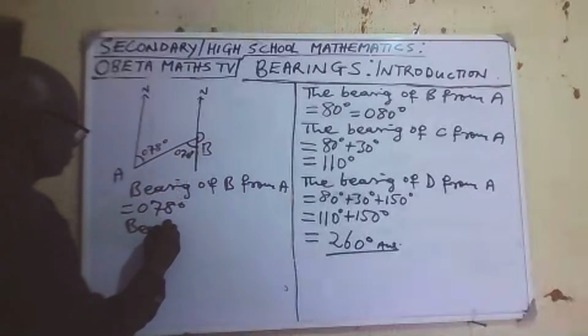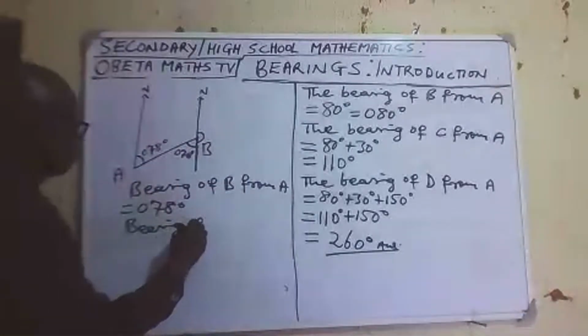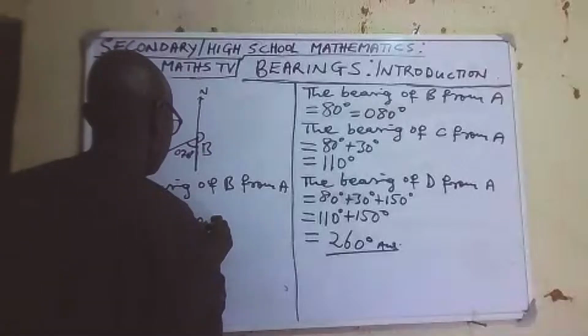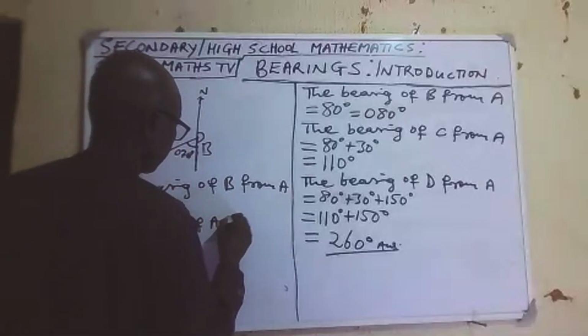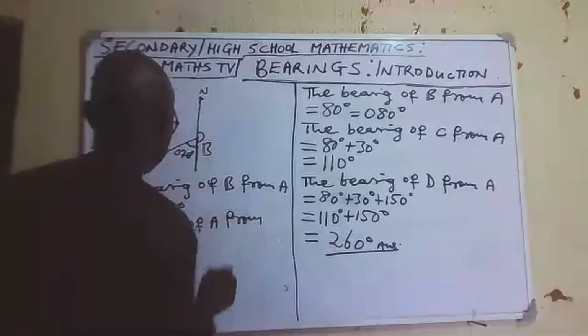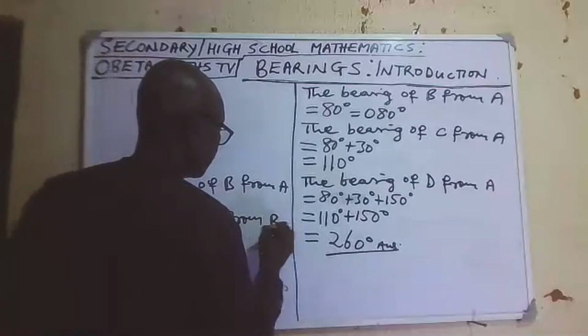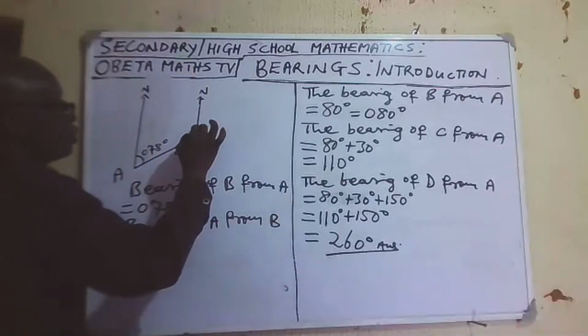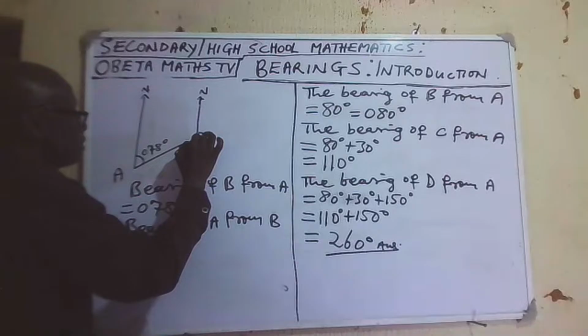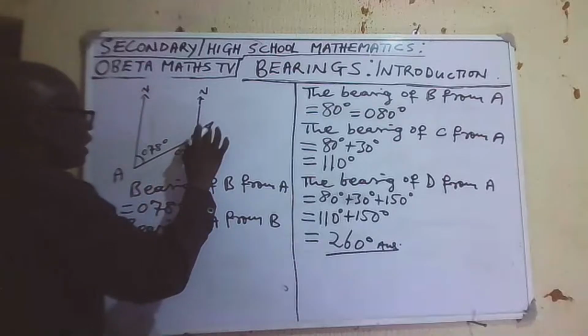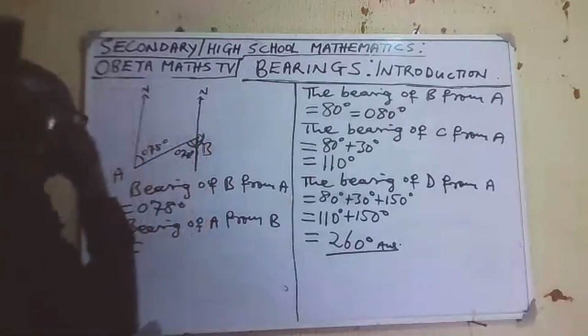The bearing of A from B should be equal to, you add this 180 plus 78 because it goes round to this.